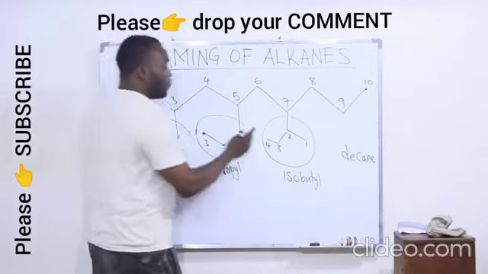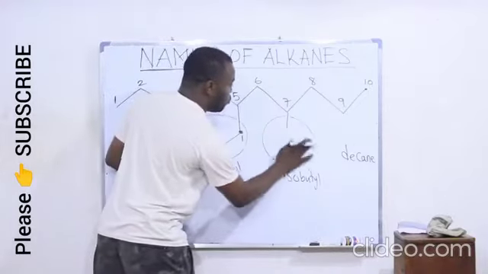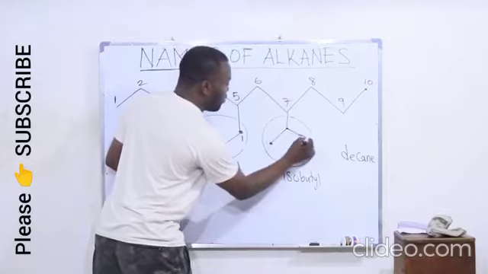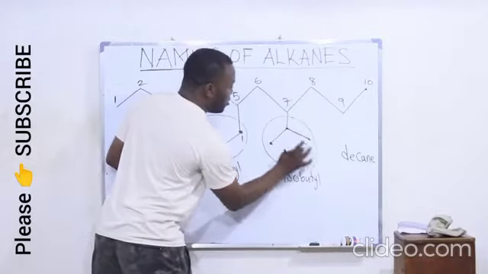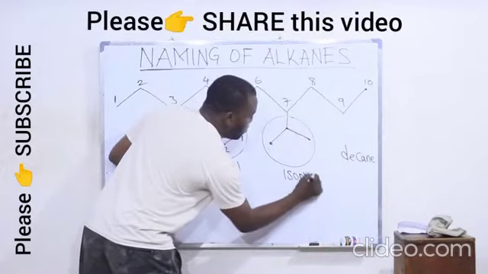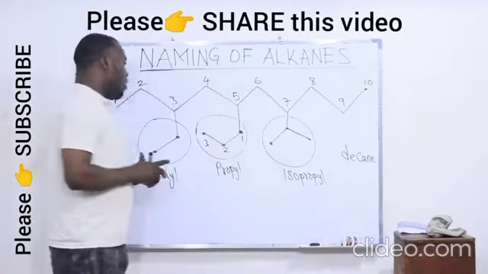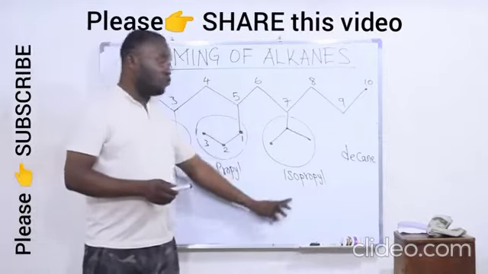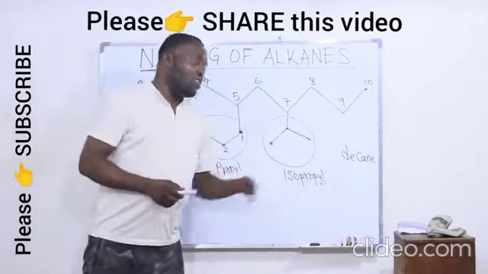But when it is connected from the first, we don't put iso, just say butyl. Alright, so this one is connected from the second carbon. Therefore, the name is isopropyl. Now I have 3 methyl, I have 5 propyl, I have 7 isopropyl, and my longest chain is decane.